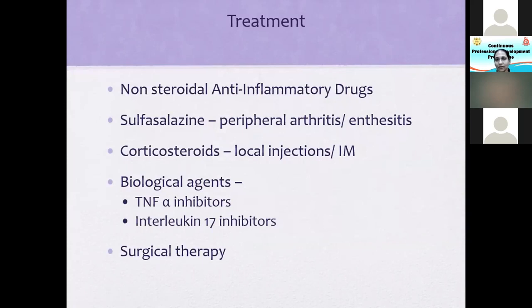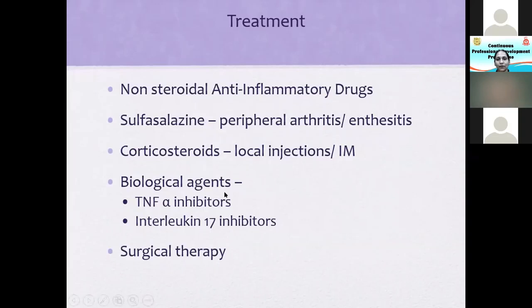How do you treat? For ankylosing spondylitis, non-steroidal anti-inflammatory drugs would be the first choice. If they have peripheral arthritis or evidence of enthesitis, sulfasalazine can be used. Corticosteroids as local injections for enthesial involvement or IM injections can be used.